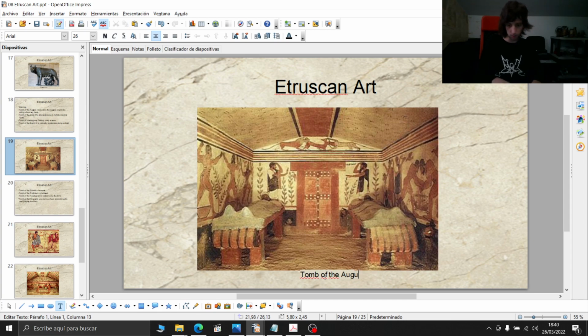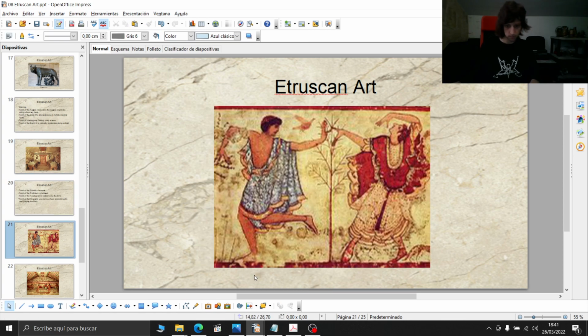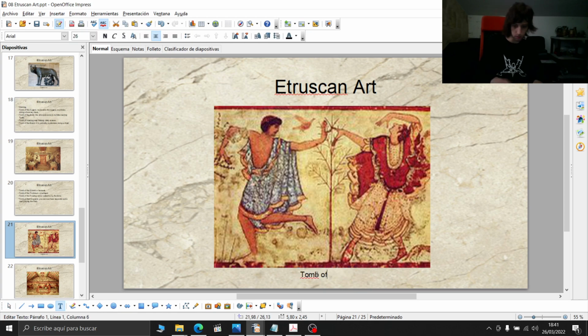Some of the augurs. Some of the Triclinium.